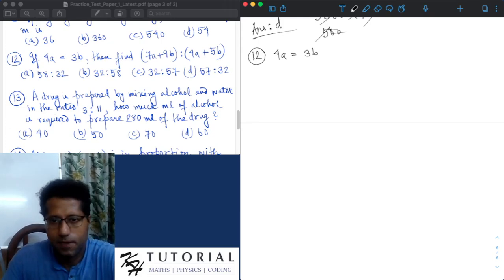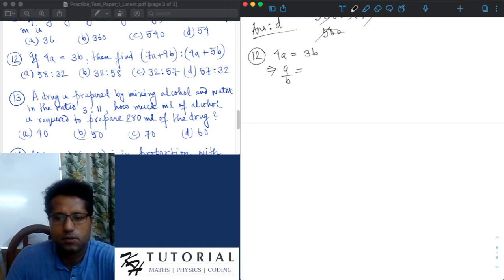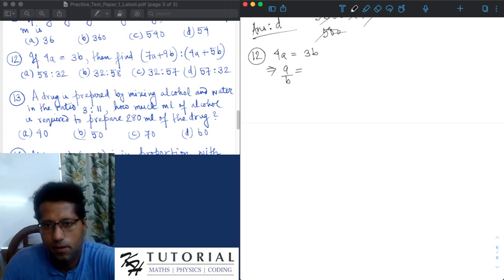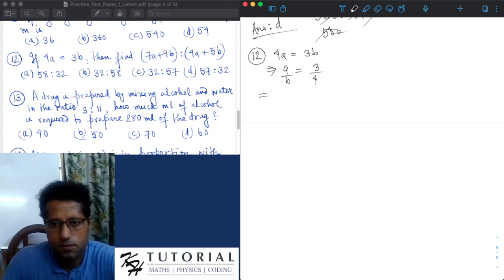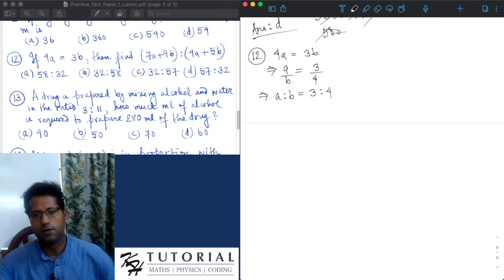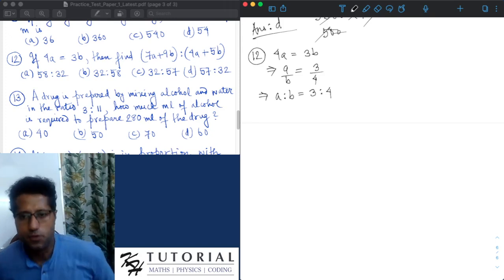Now, this implies that a by b equals 3 by 4. This implies that a is to b equals 3 is to 4. The ratio of a and b is 3 is to 4.